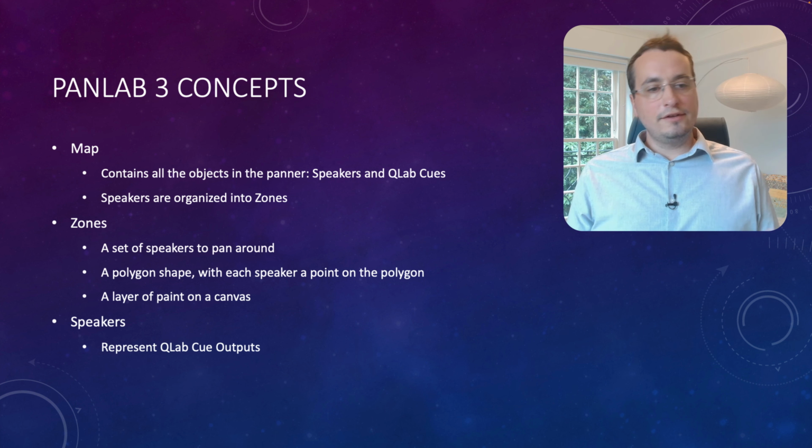Typically I have the stage zone over the top, so let's set this back to how I'd want it. Let's move on now to practically implementing panLab into your workflow.